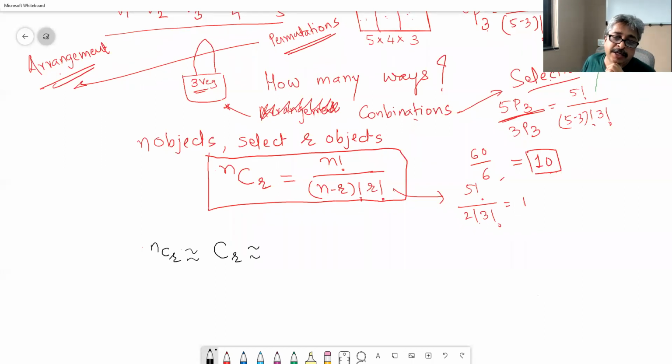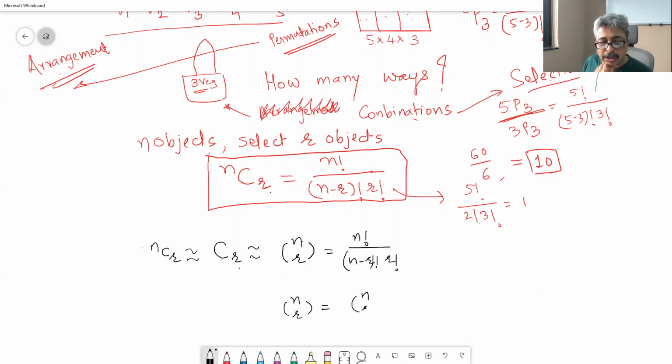Sometimes it is written like N choose R. So all mean the same. This is also N choose R. They are one and the same, which is equal to N factorial upon N minus R factorial into R factorial. So it is obvious that N choose R is equal to N choose N minus R.